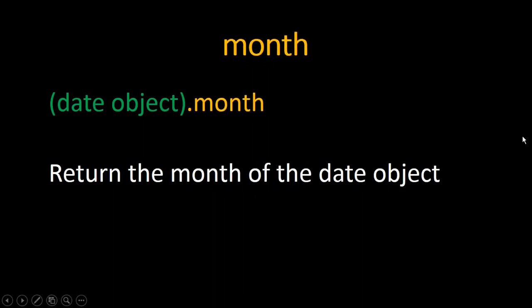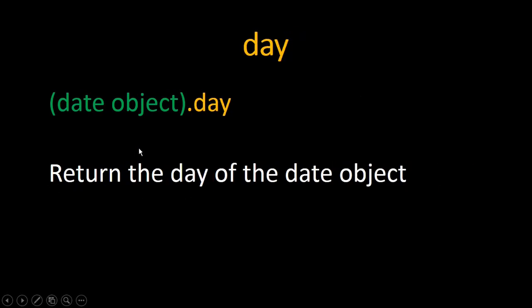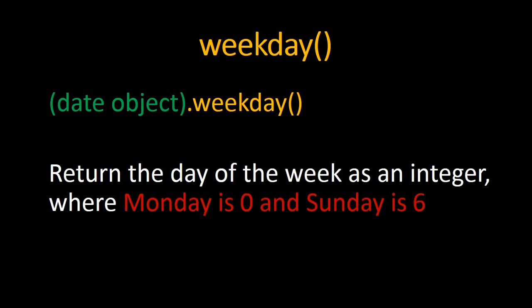And now let's see the other one, it's month. The same way as you think, it will return the month of the date object. Here we have the day, it will return the day of the date object. And we now have something special, a weekday.